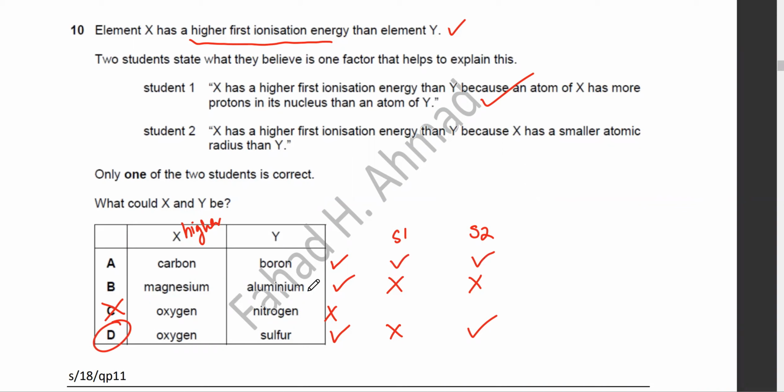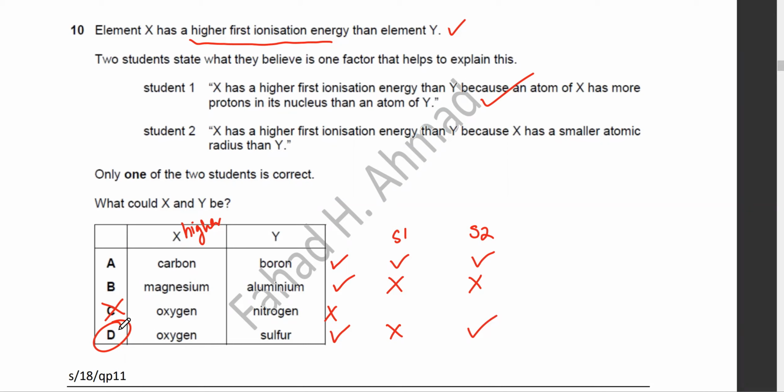In option B, both students and the reasonings were incorrect. And he wanted the answer in which only one of the students was correct. So for oxygen, the greater proton number factor was not correct because sulfur had greater protons. The smaller atomic radius factor was correct because oxygen had a smaller atomic radius. So only one of the students was correct. So option D is the correct option.